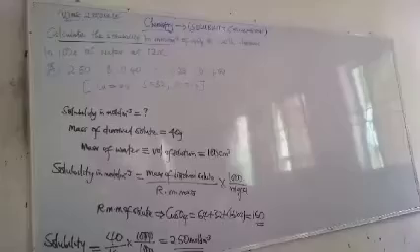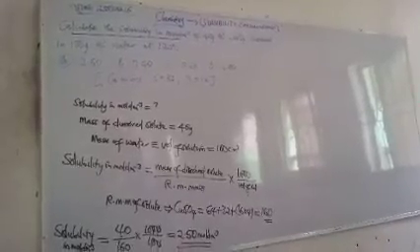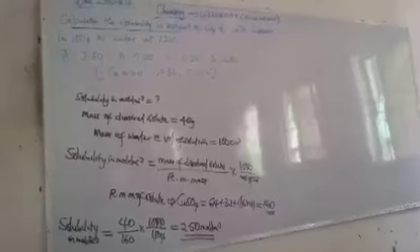So we can see this under question UTME 2010, number 15. Calculate the solubility in mol per dm cube of 40 gram of CuSO4 dissolved in 100 gram of water at 120 degrees Celsius. So we have options A to D. Now, let us bring out the parameters in the equation. Solubility in mol per dm cube, that's what we are looking for, unknown.